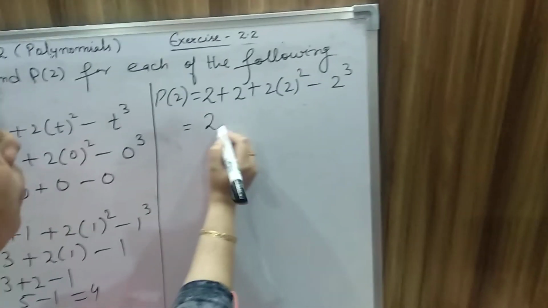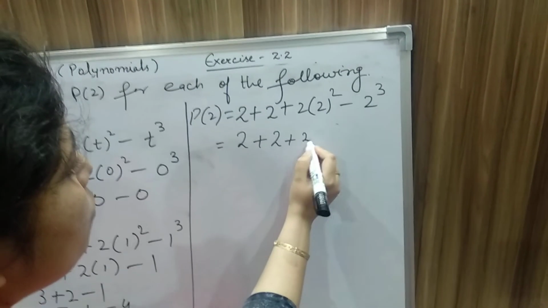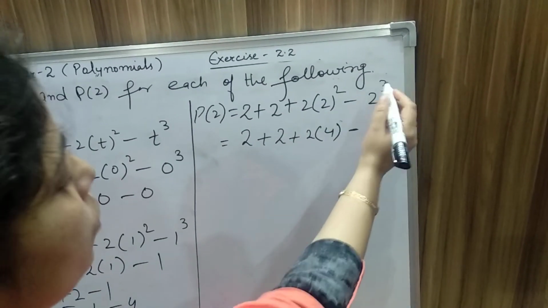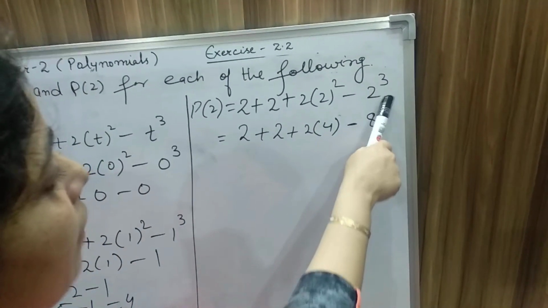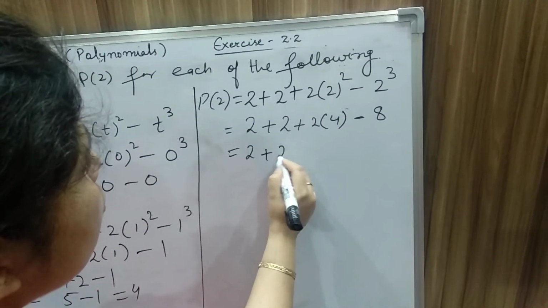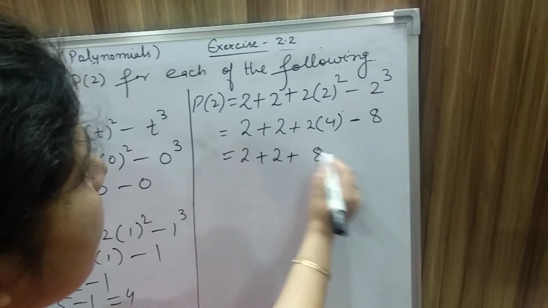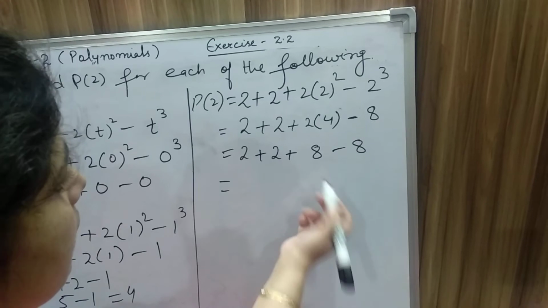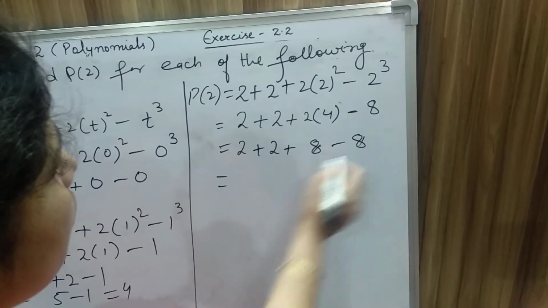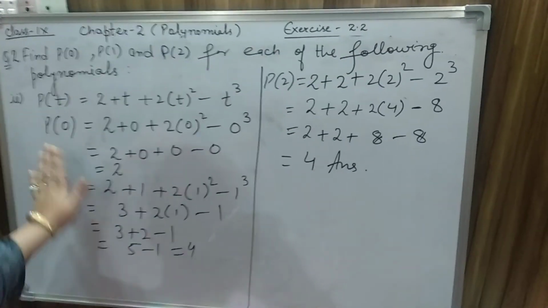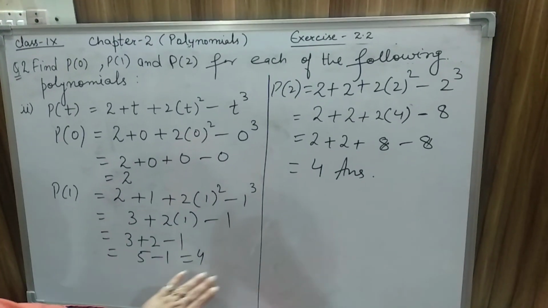So 2 plus 2 into 2 square is 4, minus 2 cube is 8, which means we multiply 2 three times. 2 plus 2 plus 4 minus 8. Plus 8 and minus 8 is 0, so we can cancel these two, and 2 plus 2 is equal to 4, which is the answer. So p(0) is 2, p(1) is 4, and p(2) is again 4.